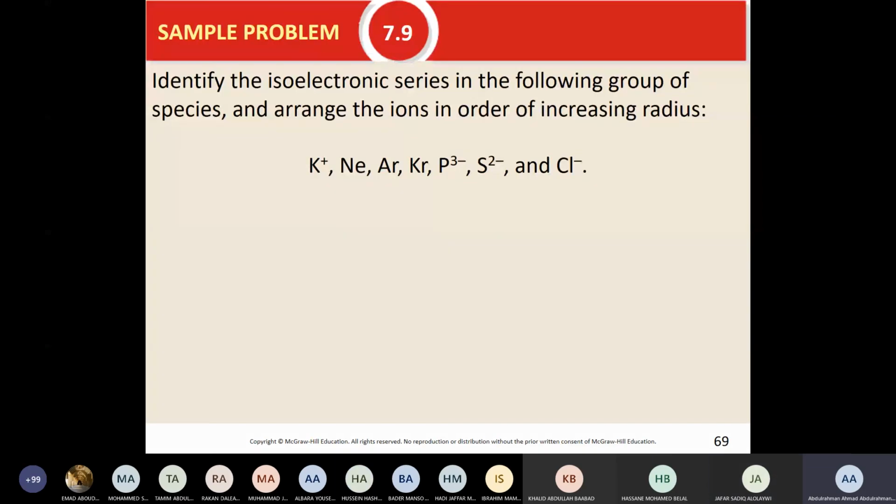Now, let's solve this problem very quickly. Look at these atoms, and I will take in particular argon, and with it phosphorus. Go to your periodic table.